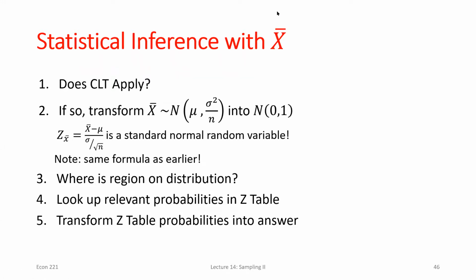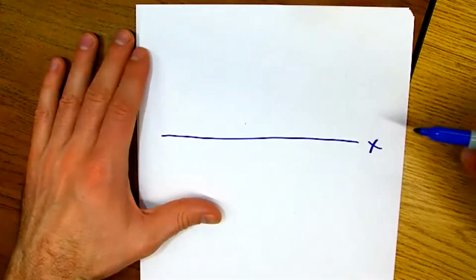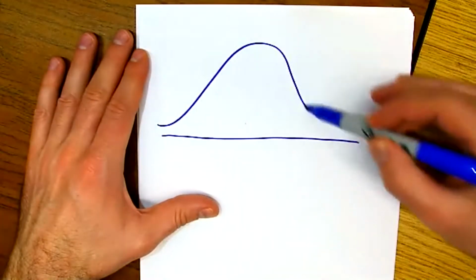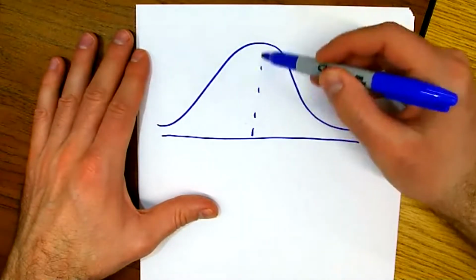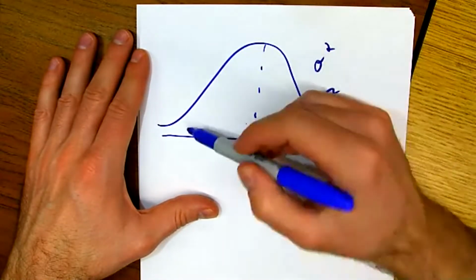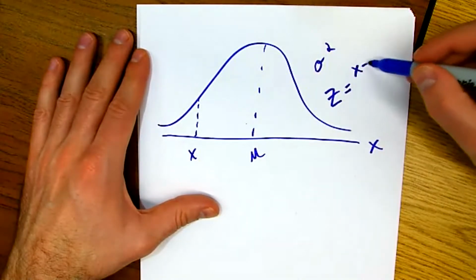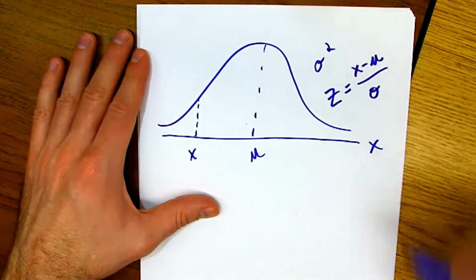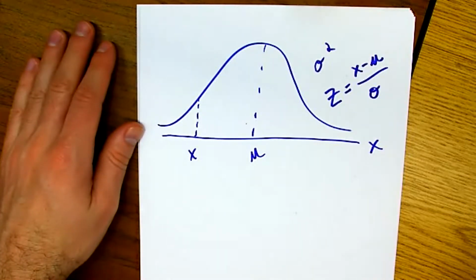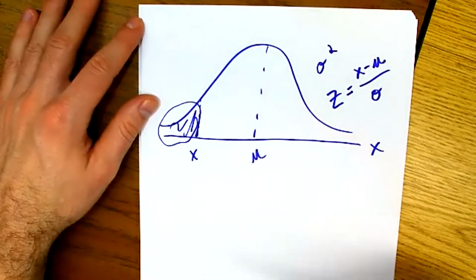So what we were doing before was, let's say we had some variable x, it was normally distributed, we knew the mean, we knew the variance. We could turn any one x value into a z-score by subtracting the mean and dividing by the standard deviation. Then once we had that z-score, we could look that z-score up and find the area to the left.